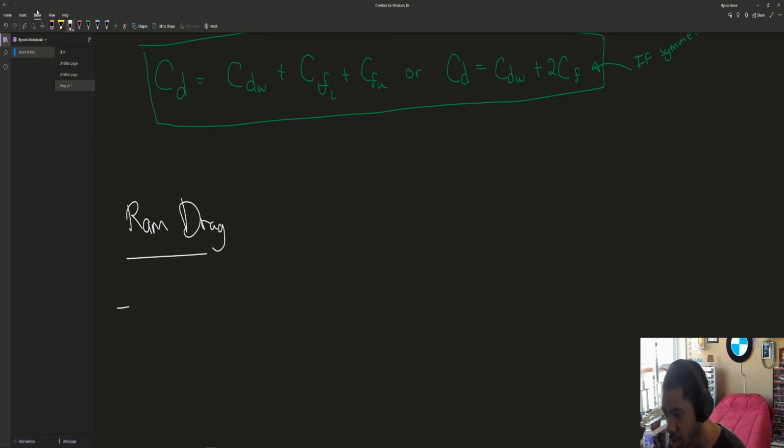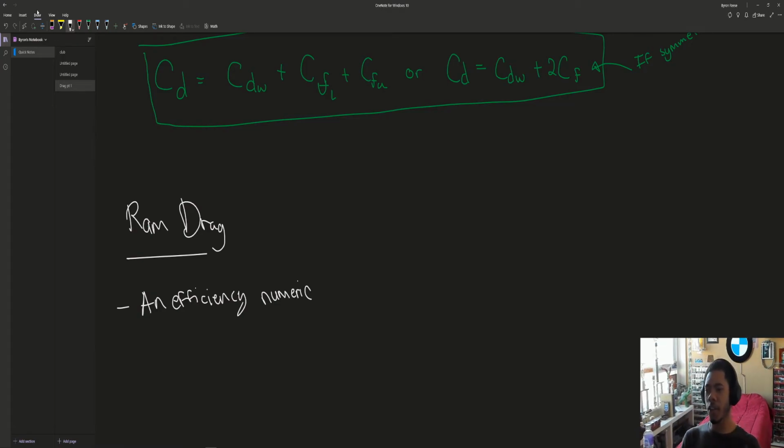Ram drag is an efficiency numeric. Unlike the other drags, this drag is kind of related to that, but it's much more about the efficiency of an engine. We're simply using the engine intakes.